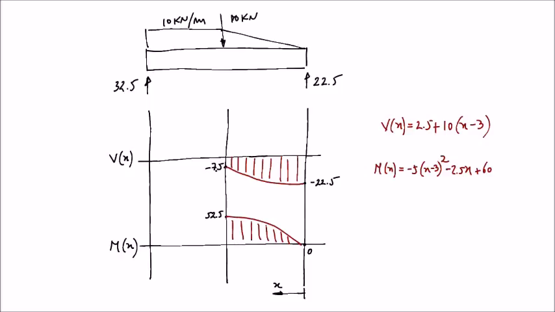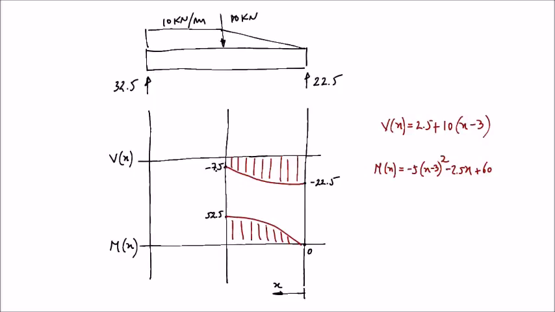Okay, so let's see, when we have x equal to 3, this term is 0, so we have 2.5 times 3 plus 60.